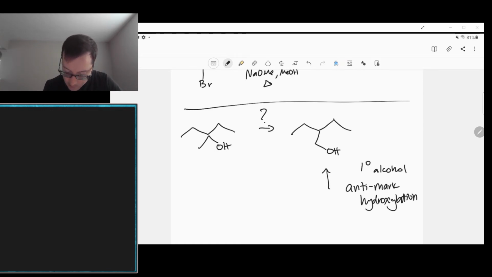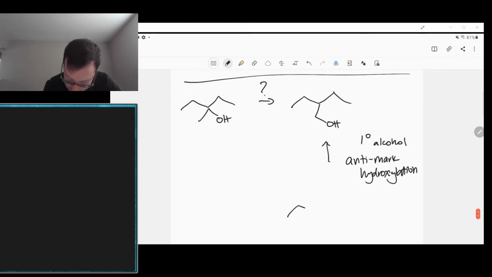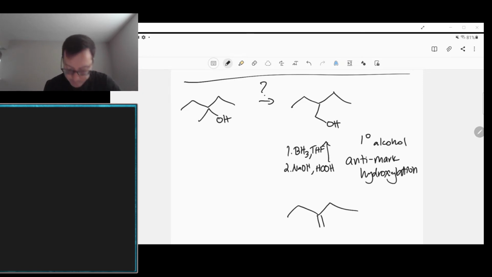And so we think, well, I know how to get there. Why don't we just start at the alkene and use the hydroboration oxidation to do that.